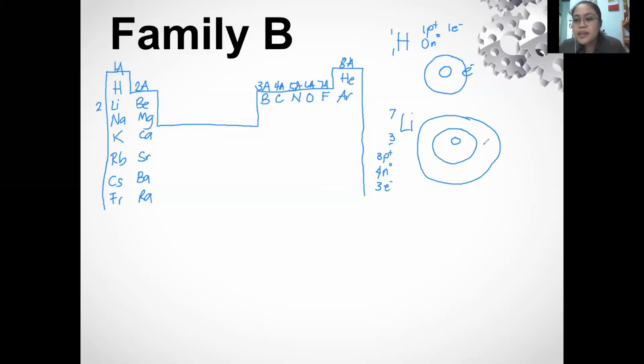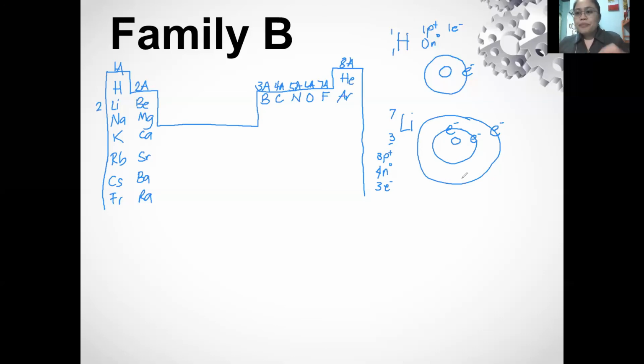Now, when we distribute it, always remember that the first shell can only accommodate 2 electrons. So you have 1, and then you have 2. And then, 3 minus 2, merong natirang isa. So you will be writing the last one on the outermost shell. Ito na yon, outermost shell niya, pinaka-last na shell ni lithium.